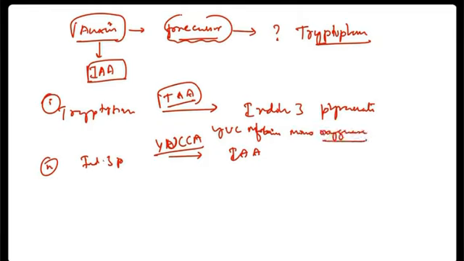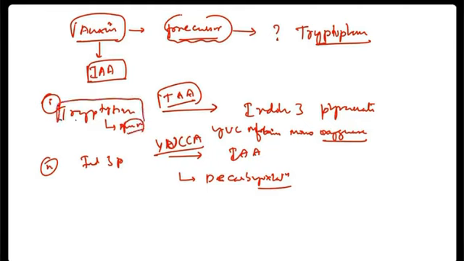This is the enzyme which will convert indole-3-pyruvate into IAA by the reaction called decarboxylation. Here, from the tryptophan, the amino group is removed. If you see the structure of tryptophan, it will be converted into indole-3-pyruvate. This is just a two-step process of how auxin is synthesized in higher plants.